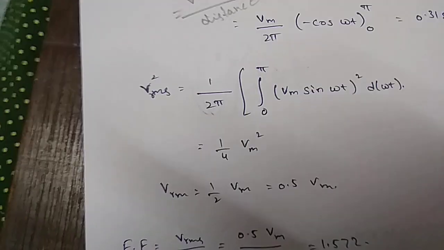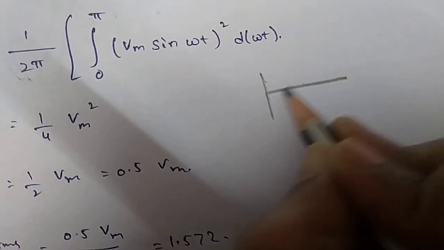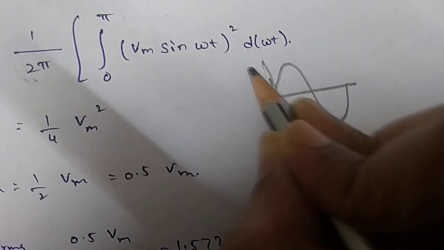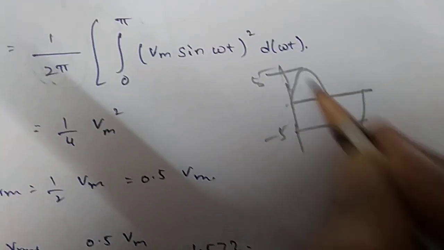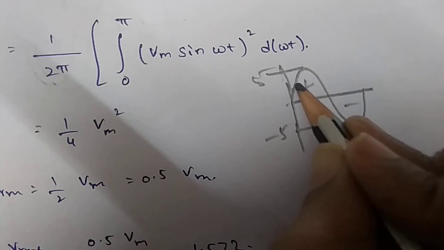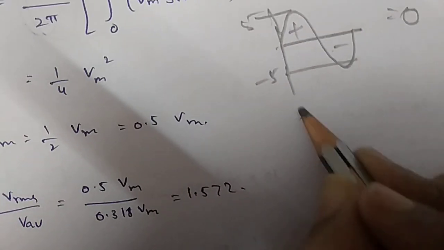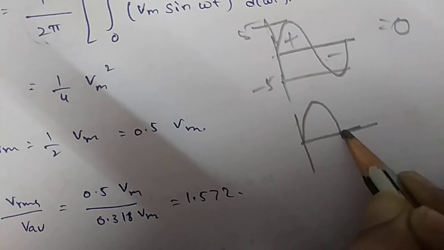If I am considering a repetitive, symmetrical waveform, with pi and minus pi, I have both positive and negative values. If I take the average of these two, the value will be equal to 0. Instead, if I have only a positive value, the negative value is 0.